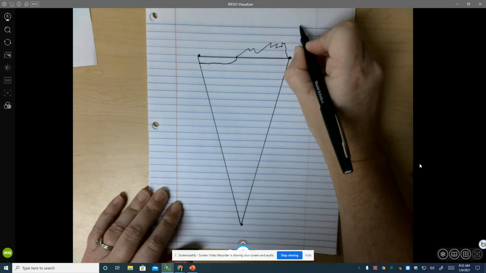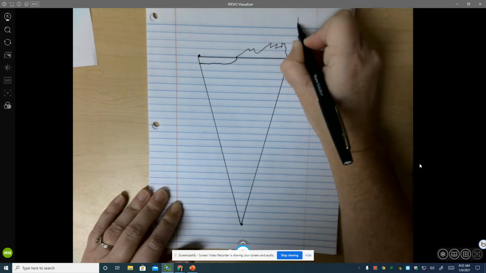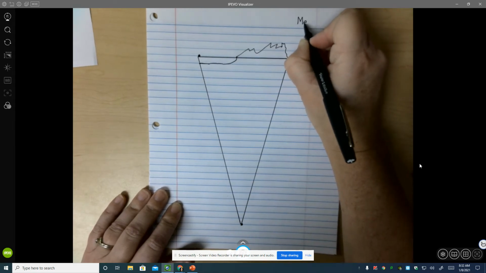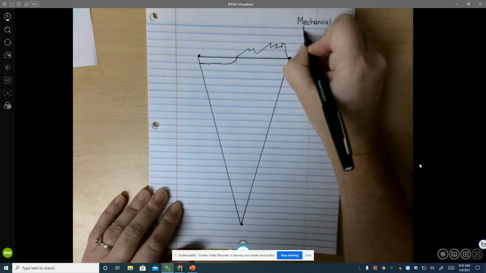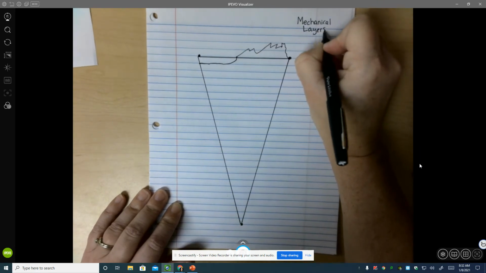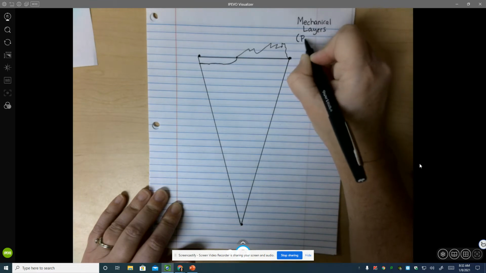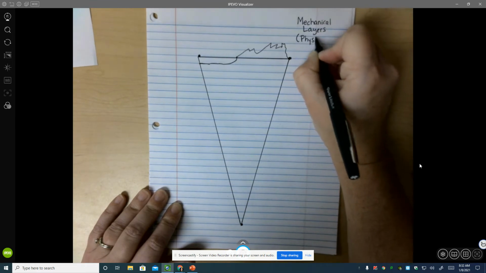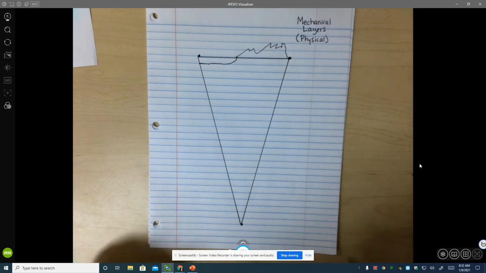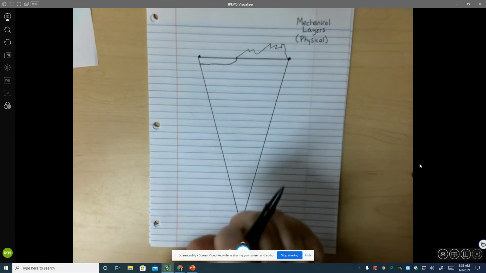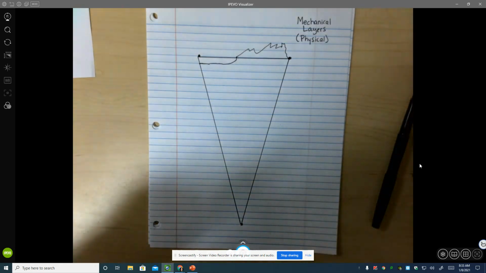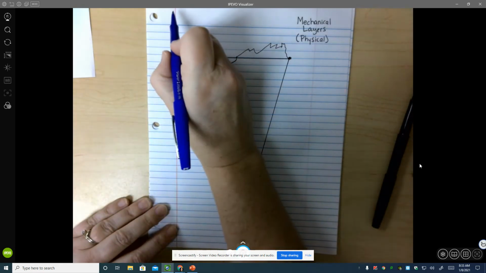All right, on this side, we are going to list what we call, guys, it'll be up here, the mechanical layers, which will be based and organized on all the physical composition and features of the earth. On this side, if you'd like to do it in a different color, you can.